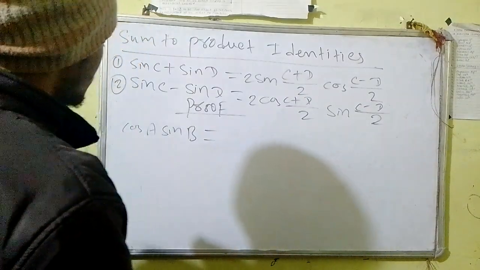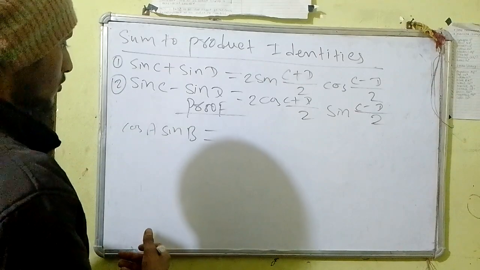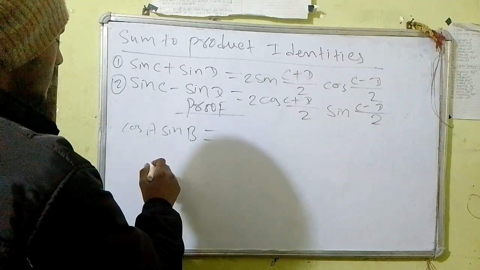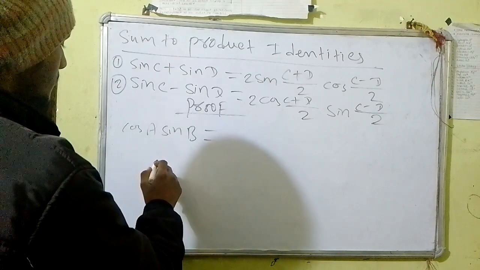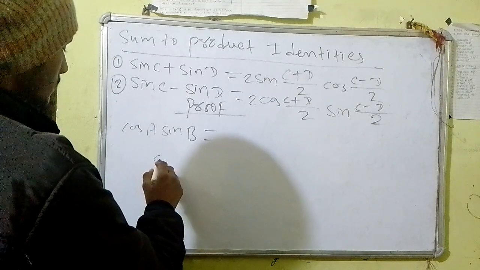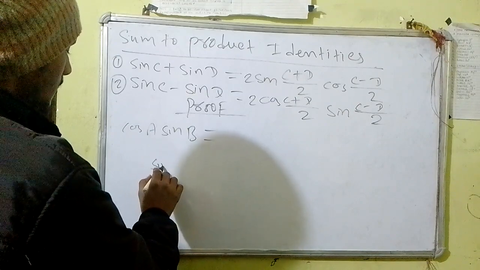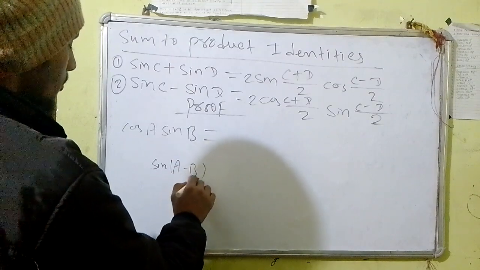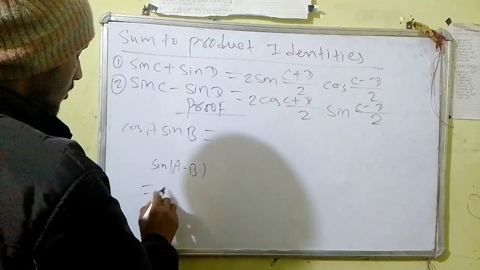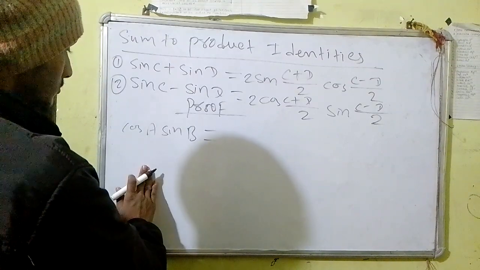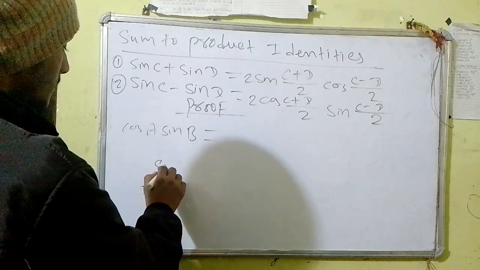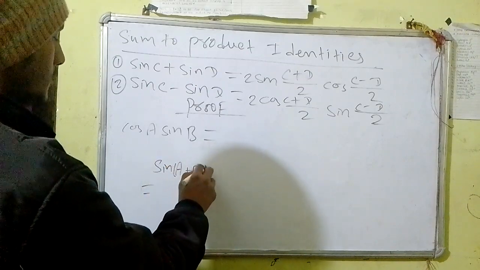In which formula is cosine A sine B involved? In the formula of sine A plus B and sine A minus B. What is the formula of sine A plus B?